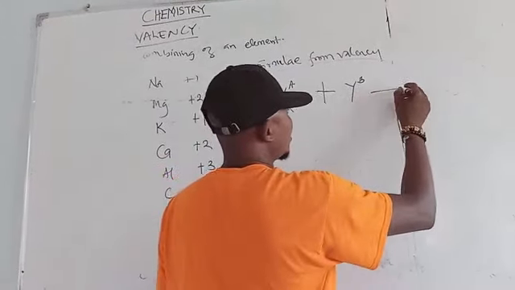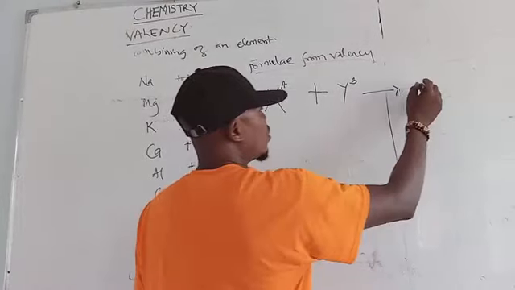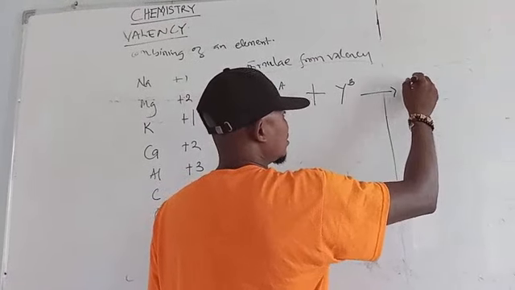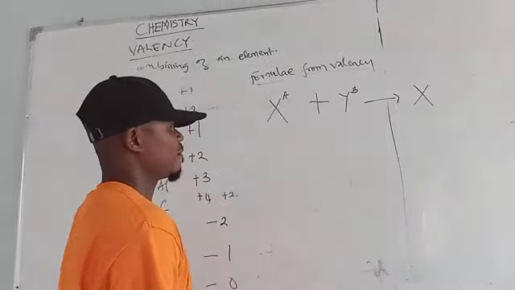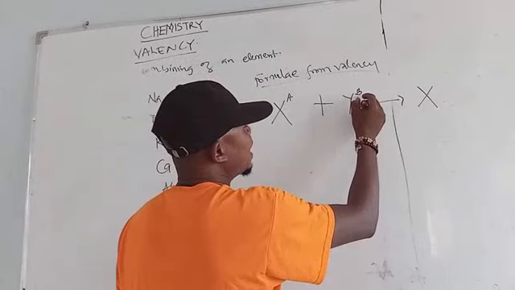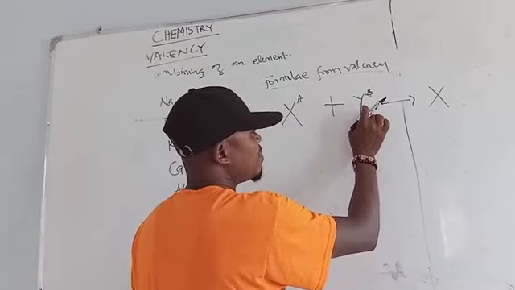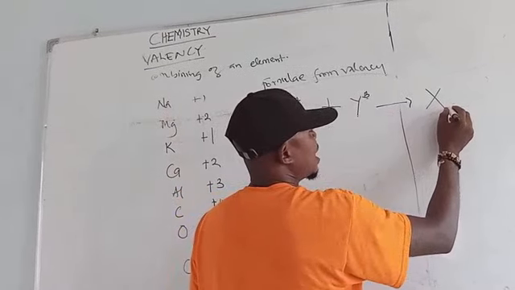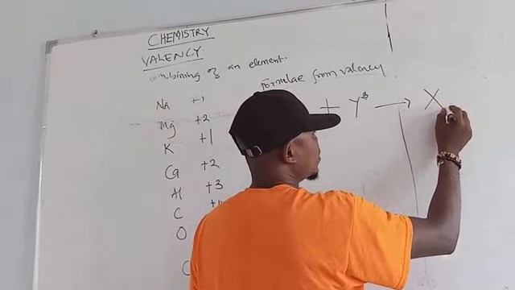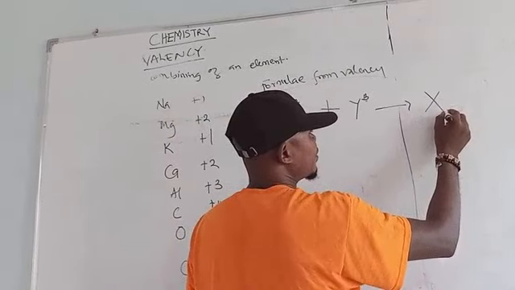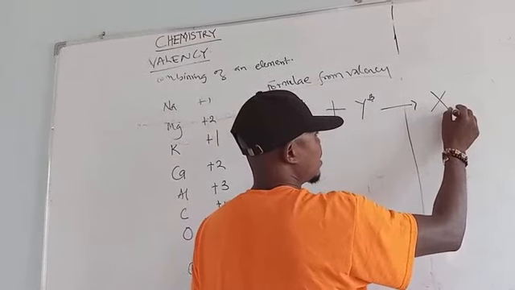First, you write out the first element, and you take the oxidation state or the valency of the other element and write it as a subscript by the right hand corner of the first element.